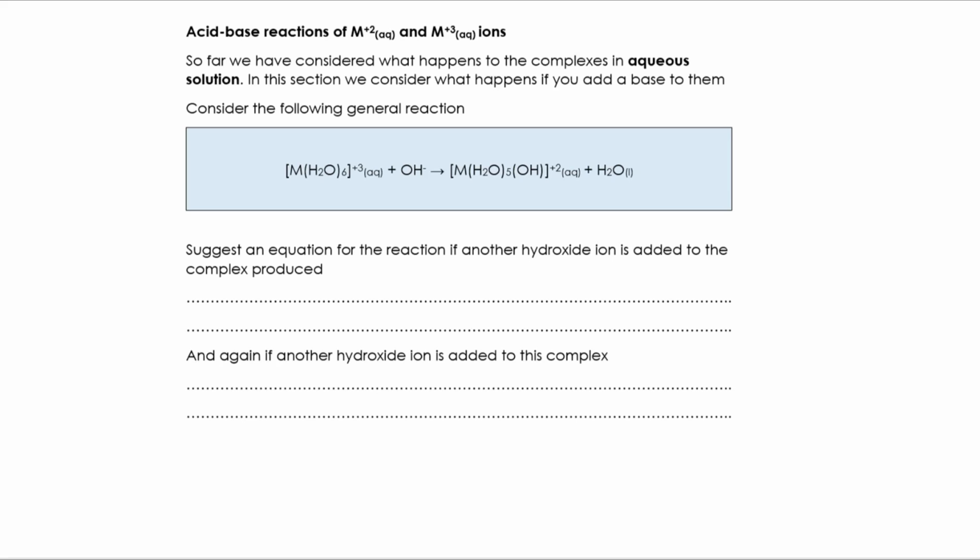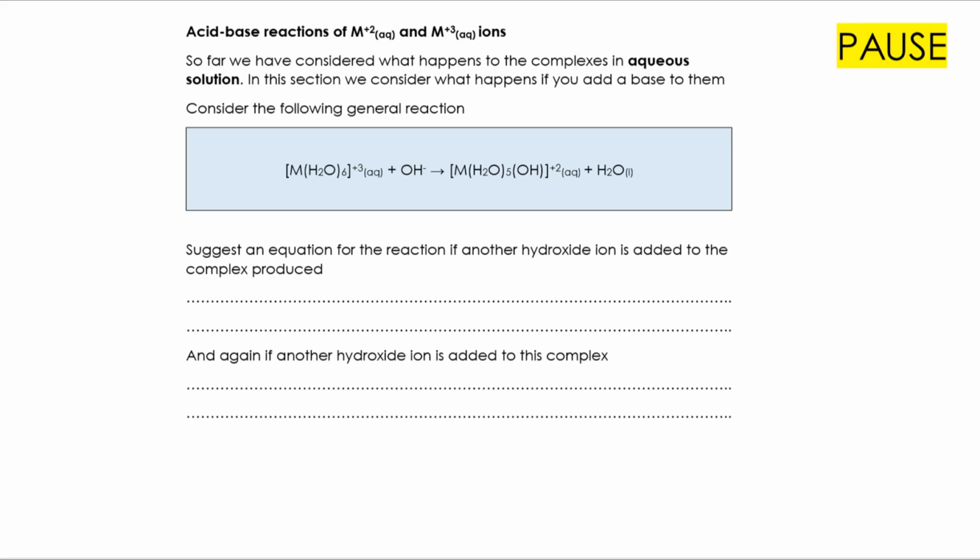But I want you to have a think about what will happen if we then add hydroxide ions to the complex. And we're going to look at it stepwise. So what would happen if we added one OH-, and then what would happen to the product of that if we added another OH-? So have a think about it, pause.